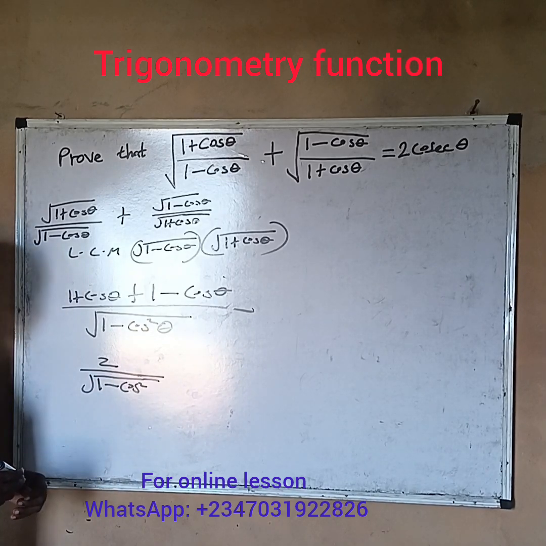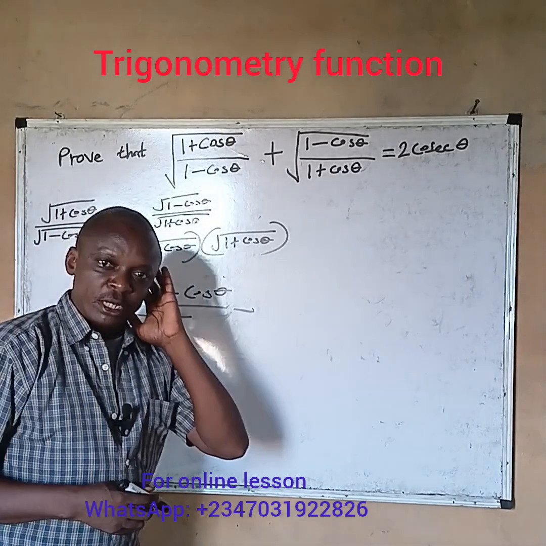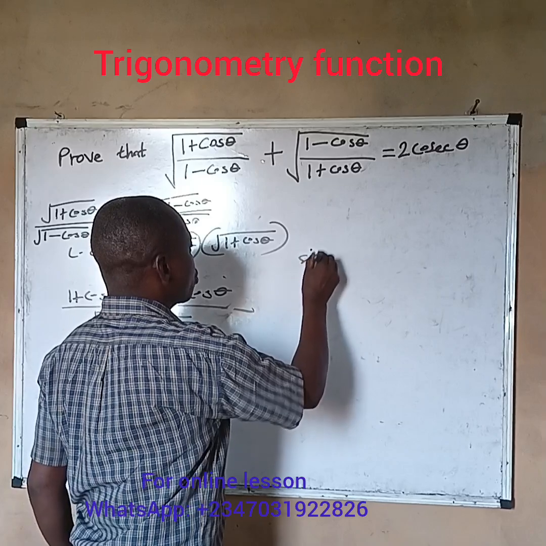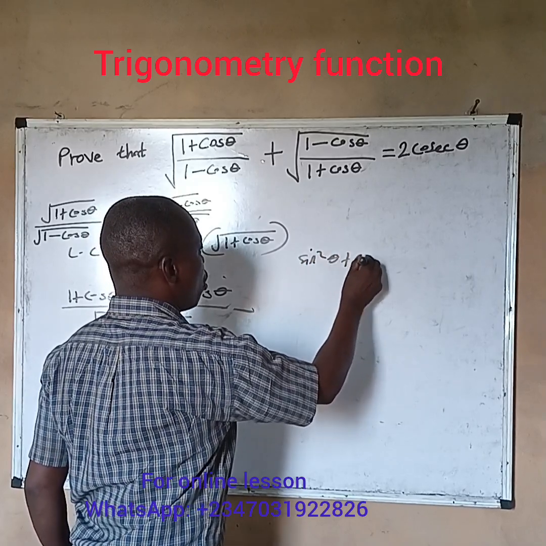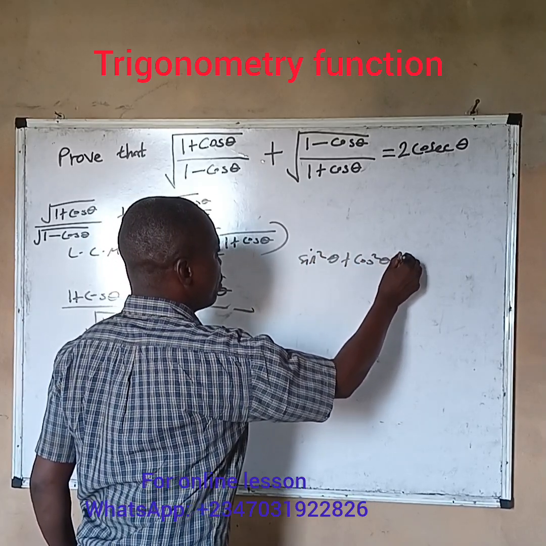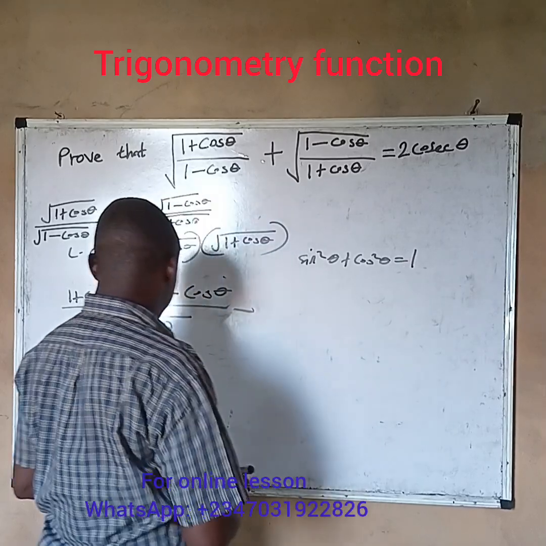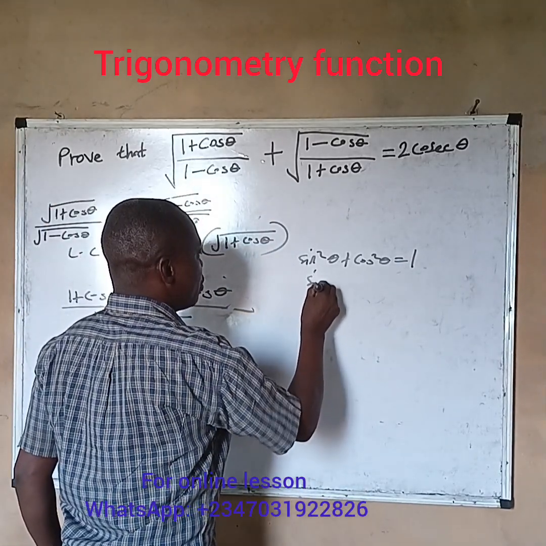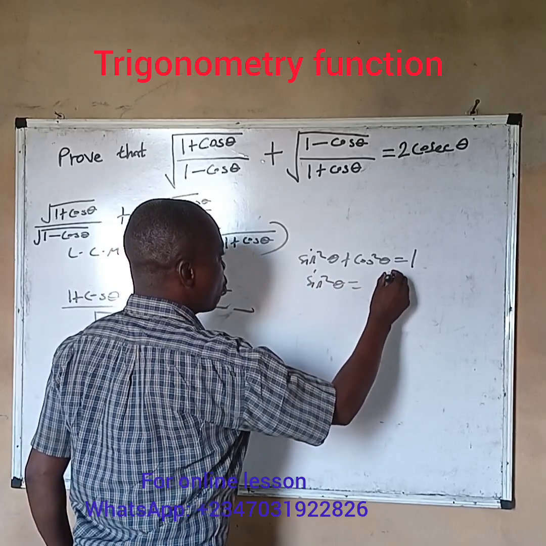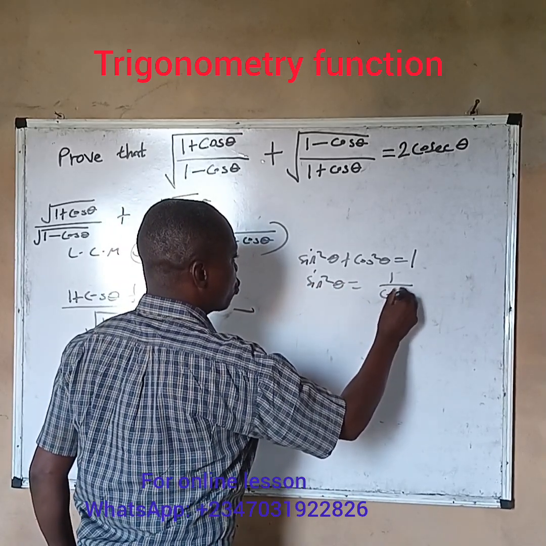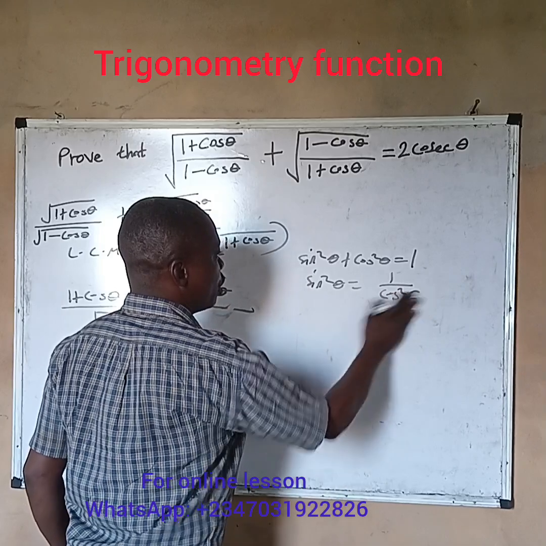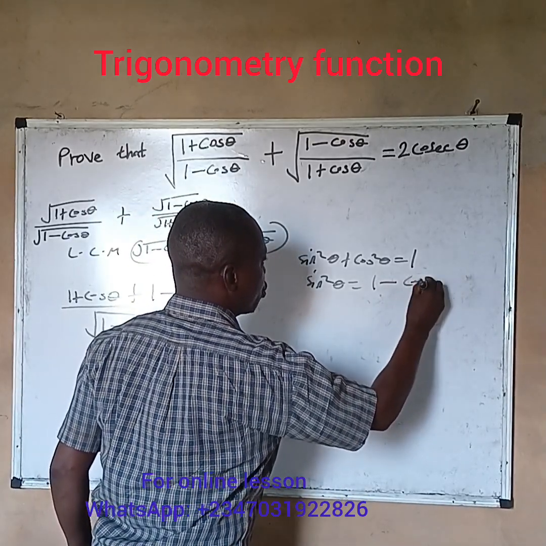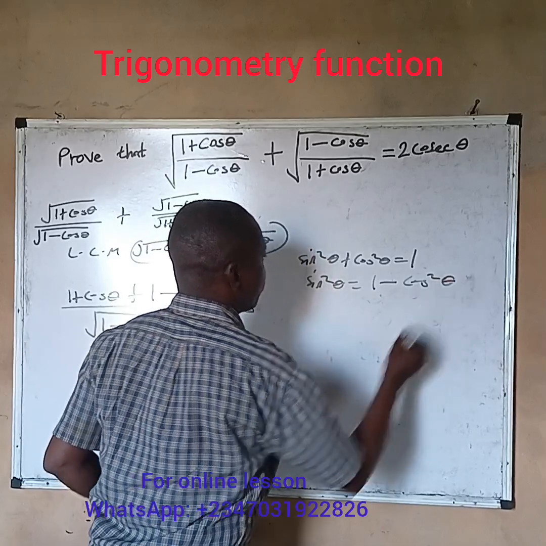But remember that one of the trigonometry identities is that sine squared theta plus cos squared theta is equal to 1. If that is the case, making sine squared theta the subject of the formula, we have sine squared theta equals 1 minus cos squared theta.